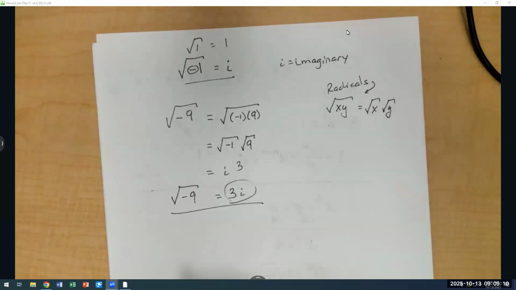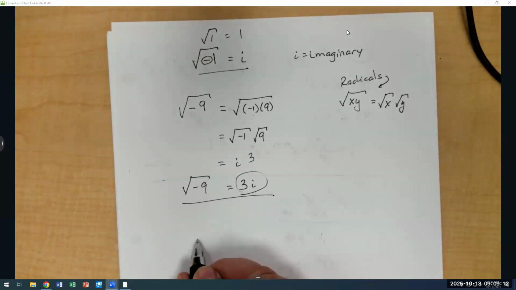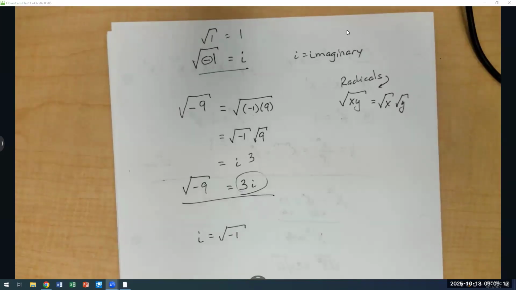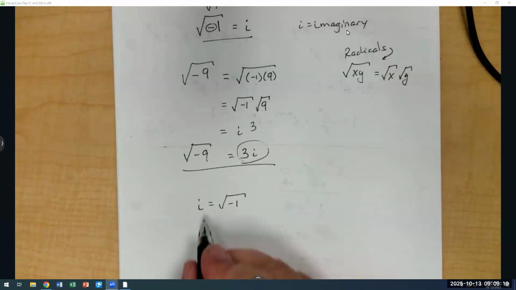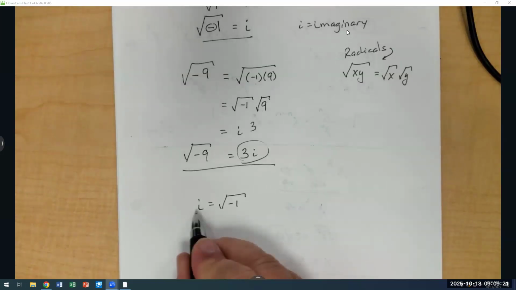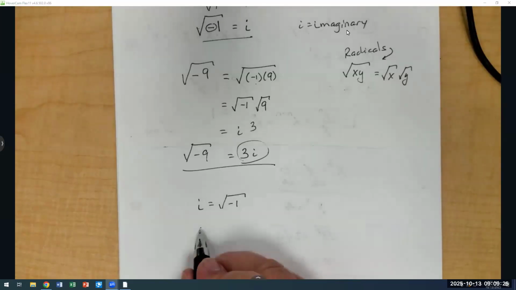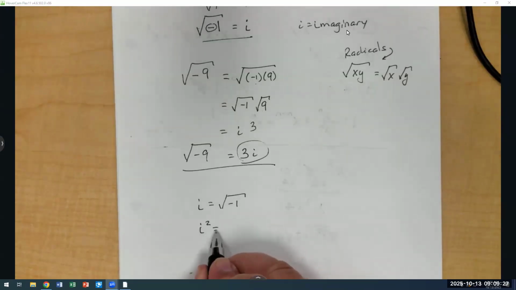So here are your formulas. We know i equals square root of negative 1. If I square both sides, what do I get?